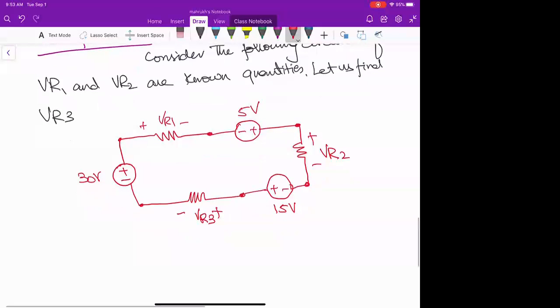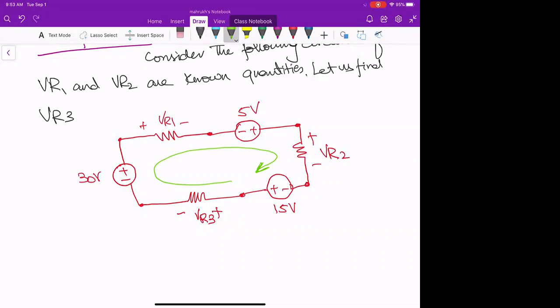So in KVL, when you define how you're going to write this circuit's voltages, I prefer to draw the arrow in a clockwise direction and then write the voltages, right?